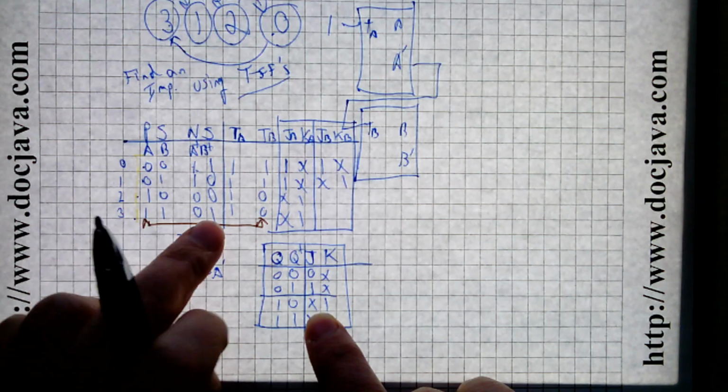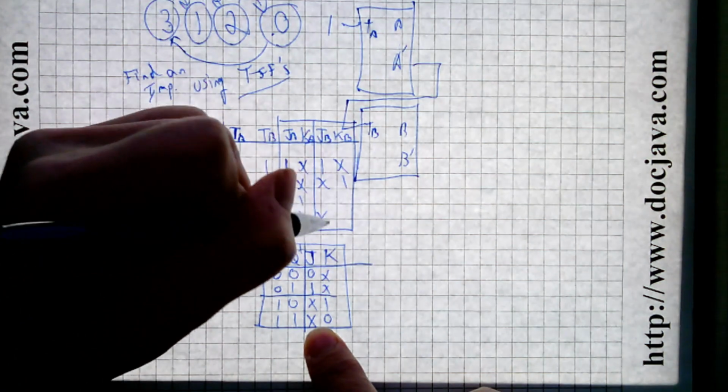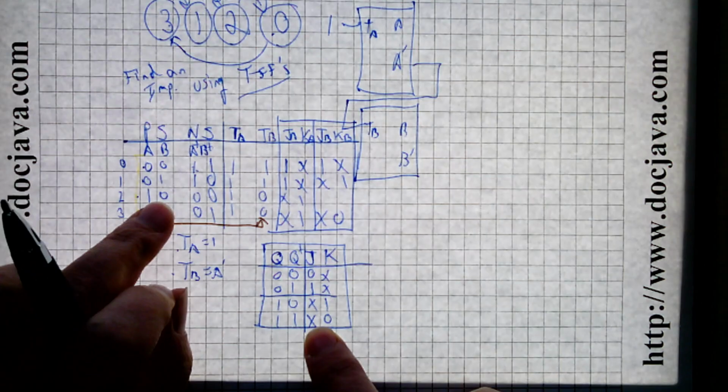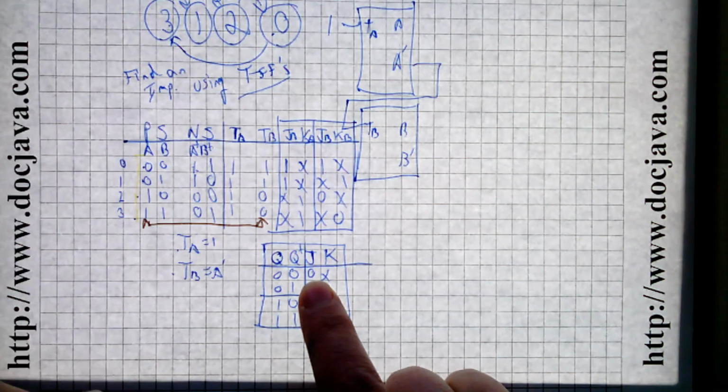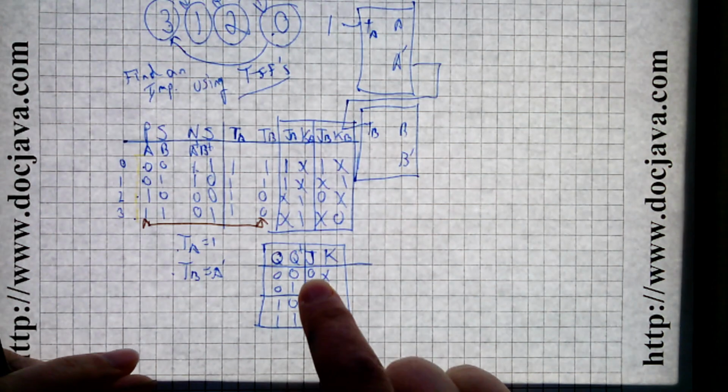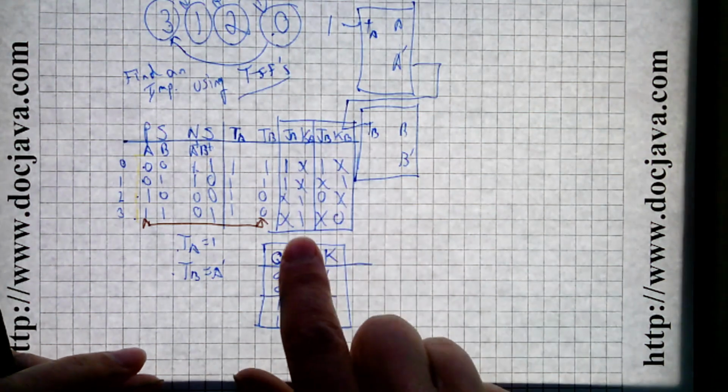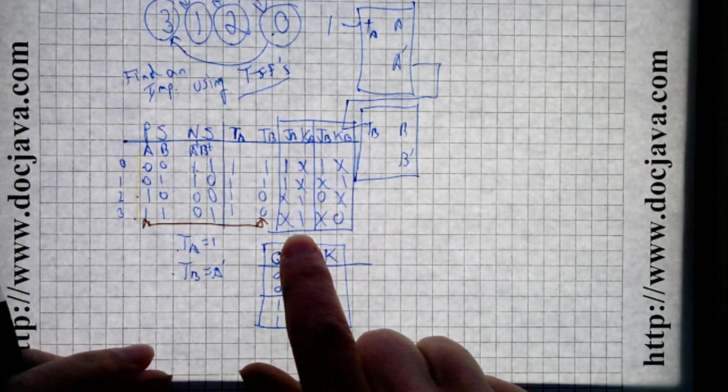Here's 1 to 1, it's x0. 0 to 0, that's 0x. So now JA, KA, they could equal each other and equal 1.